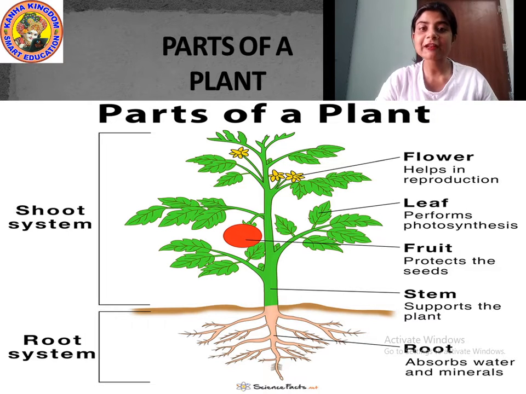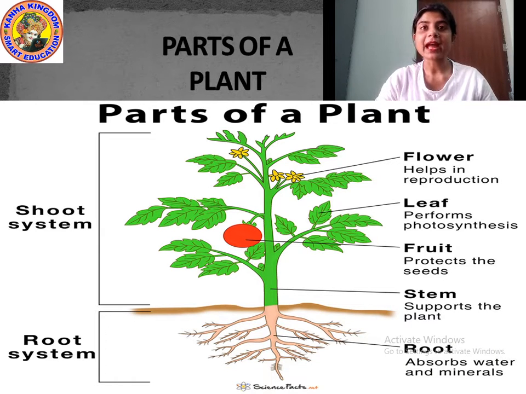That means leaves prepare food for the plant body. That means it performs photosynthesis. And photosynthesis is the process by which a leaf prepares food for the plant body.